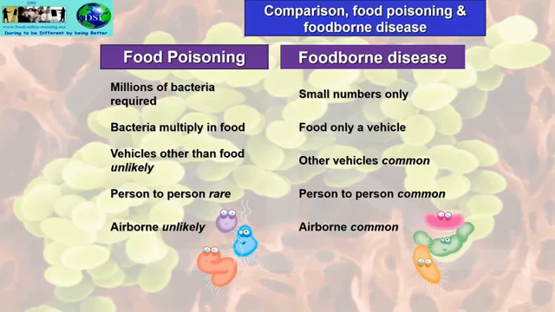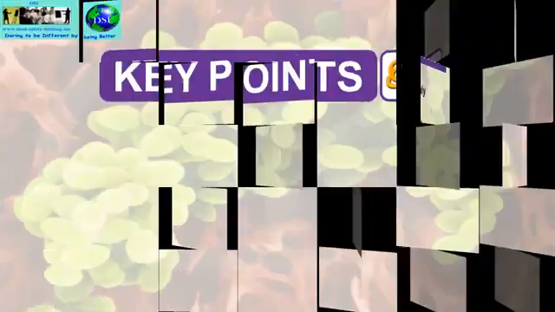Airborne is unlikely with food poisoning, but airborne is very common with foodborne disease. There's a short onset with food poisoning, anything from 1 hour to several hours. And as we went through the foodborne diseases, you could see there was a longer onset, up to, with hepatitis A, for example, up to 50 days.